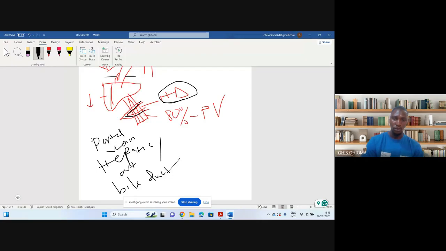So this is what is contained in the hepatoduodenal ligament. And so the surgeon clamps it and then checks that laceration site. If the bleeding stops, it means that the bleeder is from the portal vein.